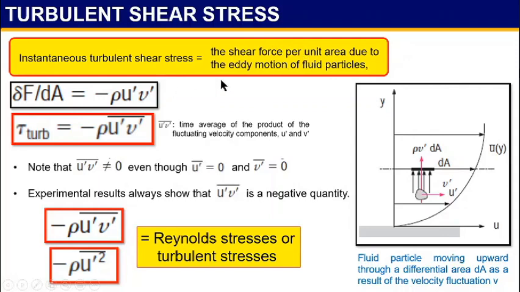So the shear stress per unit area that happens due to the eddy motion is called the instantaneous turbulent shear stress. The equation is written as here: tau turbulence equals negative rho, density, times u prime v prime average. This is the time average of the product of the fluctuating velocity components u prime and v prime.